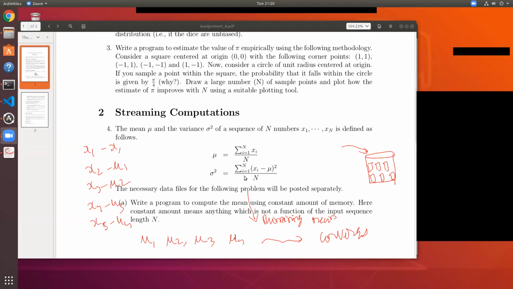Does it make sense what I'm saying? When you are trying to compute xi minus mu square, there is no necessity for convergence, but if it has the right properties, it will converge.